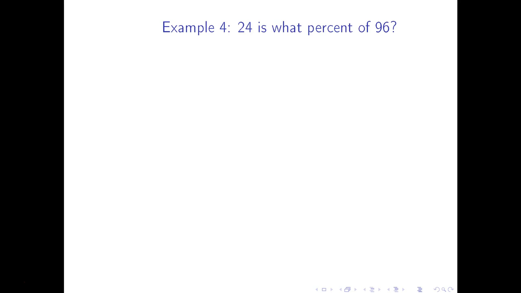All right, well, here we're going to change it. I'm now going to say, 24 is what percent of 96? To help you with this one, we can look at it in terms of an equation known as is over of, which is 24, because that's the part that's associated with is, and of, which is 96. When I do the division, that's 0.25.